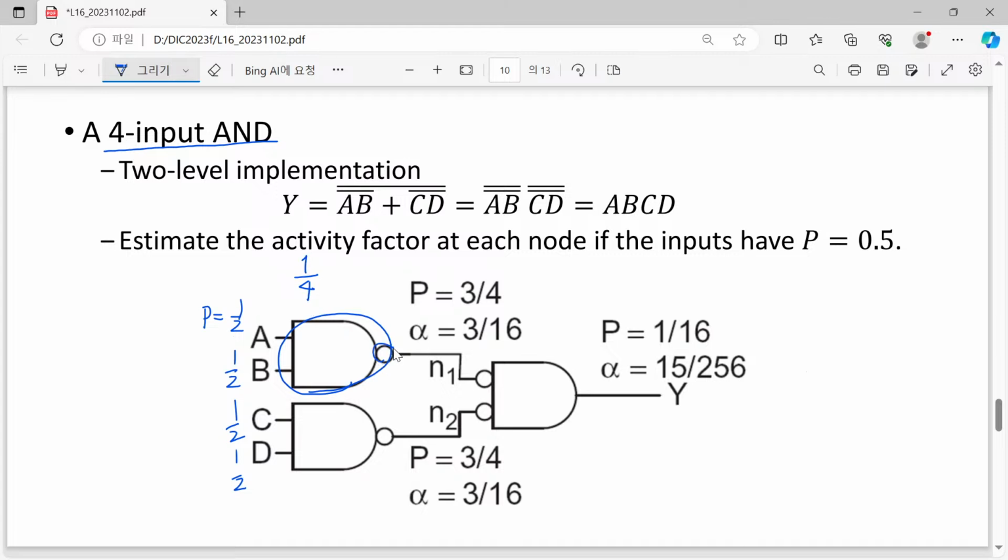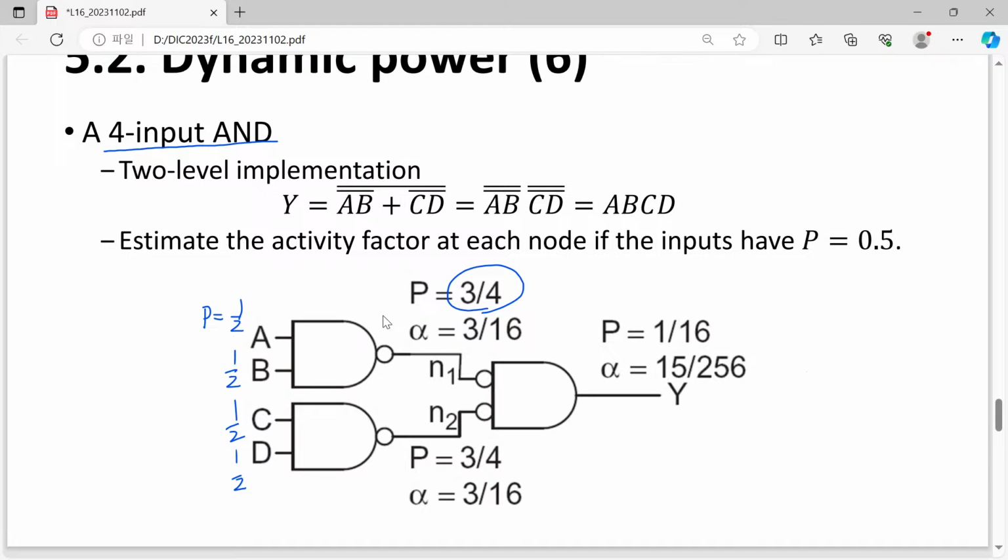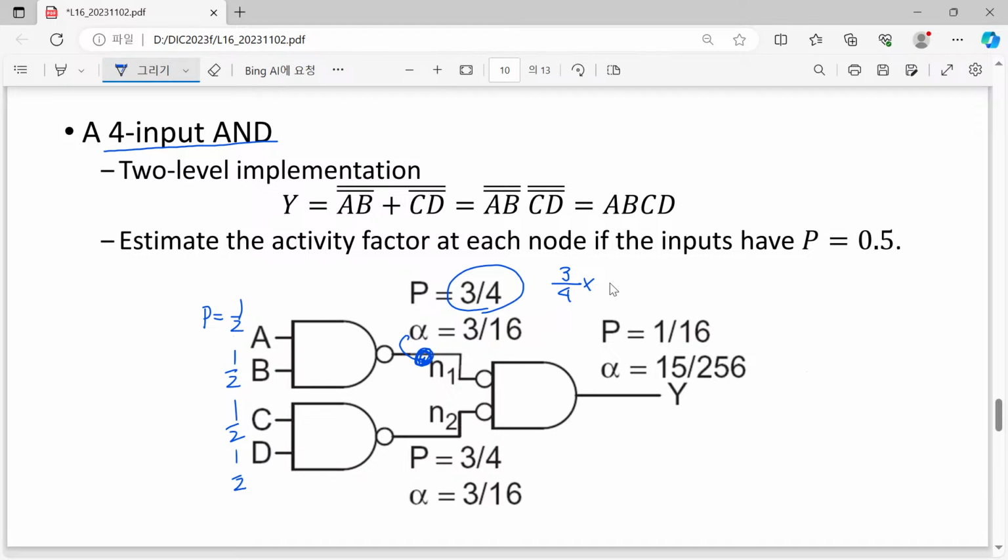However, this is NAND, so we must have 3/4. So now we have this one, and from this one, please consider the activity factor here. Then it's quite easy, because 3/4 times 1 minus 3/4, which is a quarter. So we have 3/16 here. Yes, that is not that difficult.